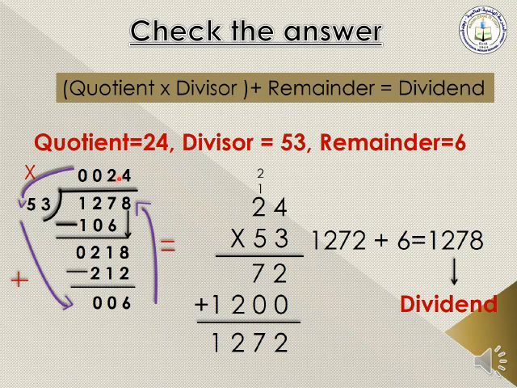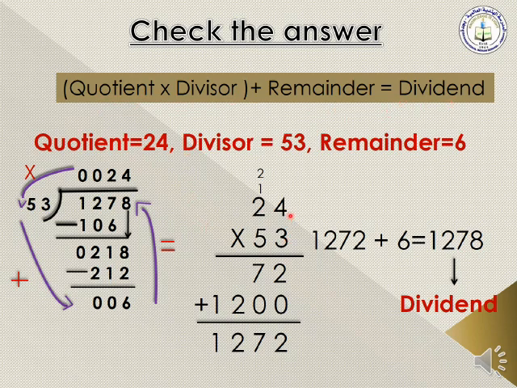We start from the quotient, multiply by this 53, the divisor, and again add this 6, the remainder. Then you will reach the dividend. That means quotient multiplied by divisor plus remainder is equal to dividend.